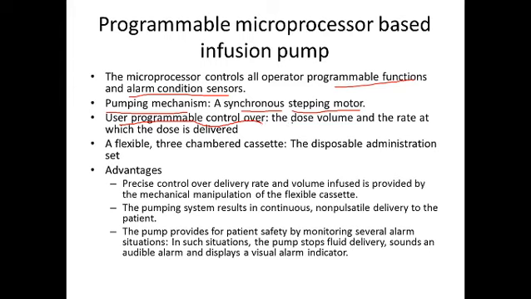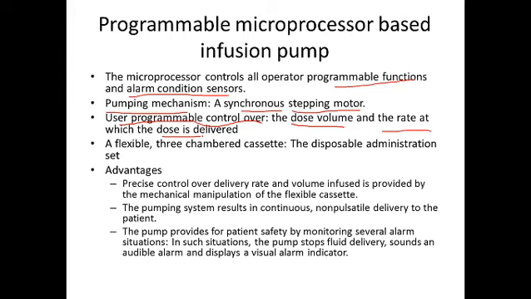Okay, user programmable control will control what things? The dose volume and the rate at which the dose is delivered. You know, when they are giving you the IV to the patient, they are going to monitor the drop rate. They cannot have a very fast drop rate, otherwise the temperature of the patient will drop down.